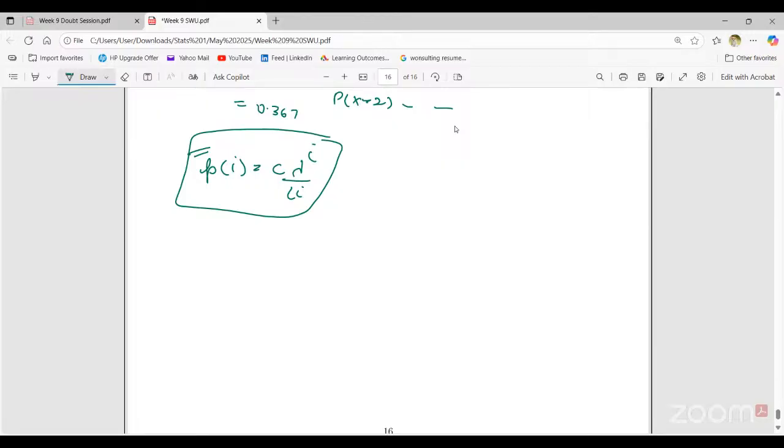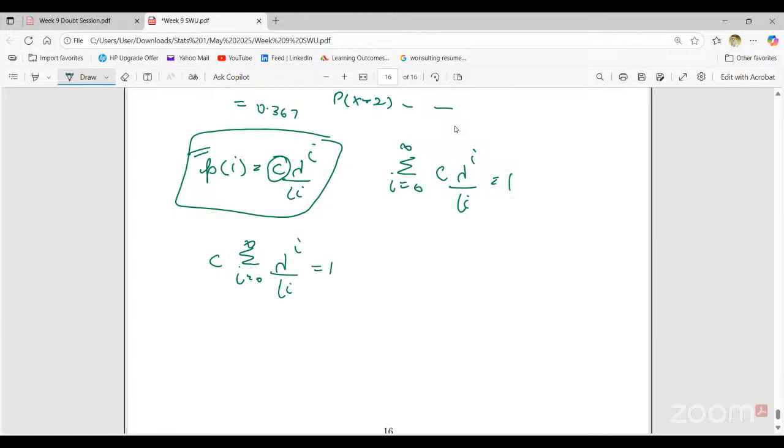Then in the next step, they're just calculating the value of C. These are my probabilities, so the sum of all the probabilities, that is the sum over i going from 0 to infinity of C lambda^i upon factorial i, equals 1, right? Now I am summing over i, so C is a constant, and I will take it out. So this will be the sum over i equals 0 to infinity of lambda raised to the power i upon factorial i, equals 1.